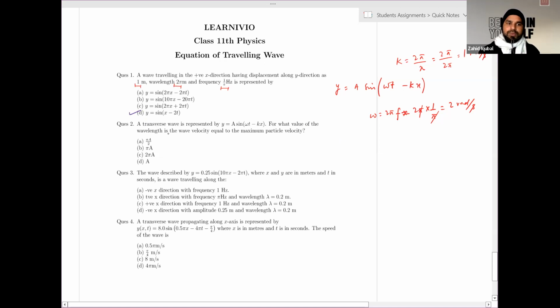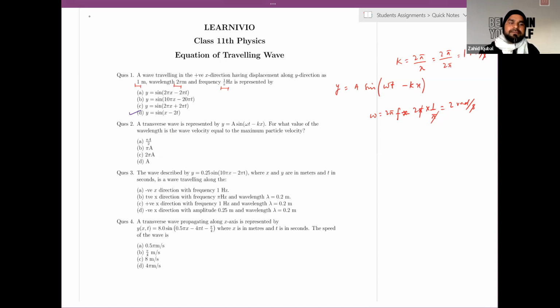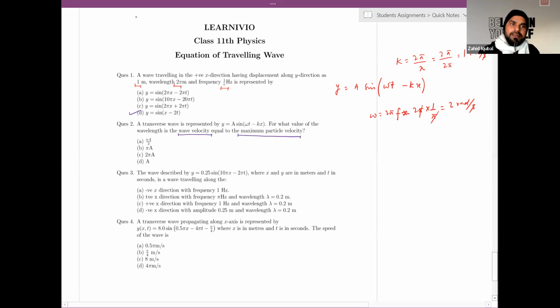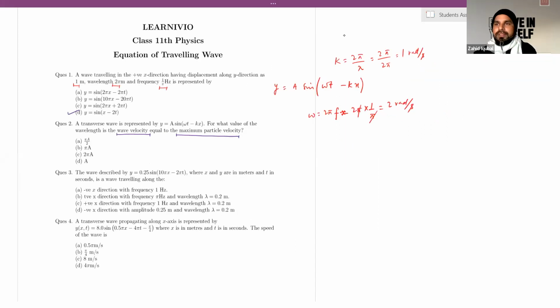Just read question number 2. Wave velocity is equal to maximum particle velocity. Tell me the formula of these two terms.